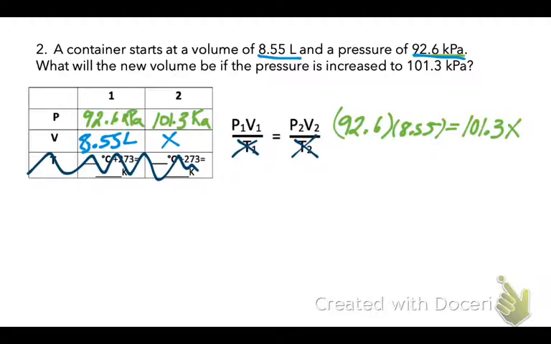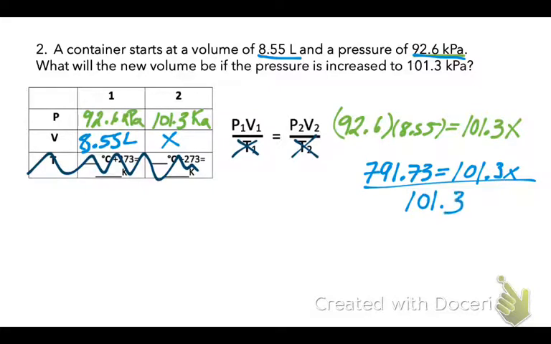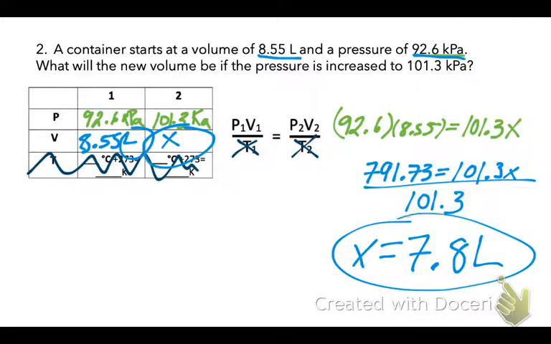Multiply those two numbers, and I get 791.73 equals 101.3x. Divide both sides by 101.3, and I get x equals about 7.8. And since x was a volume, and this volume was liters, then my answer is liters. Ta-da!